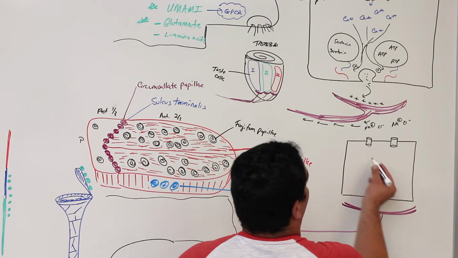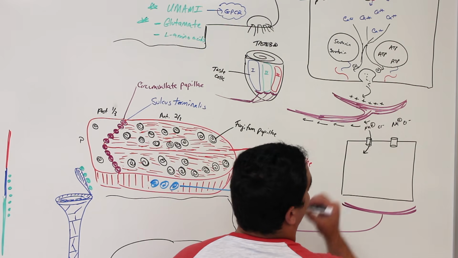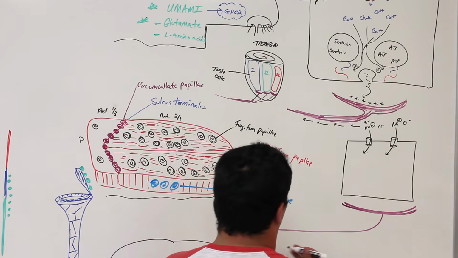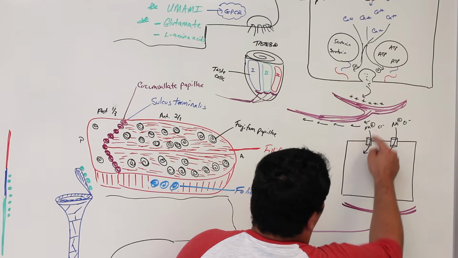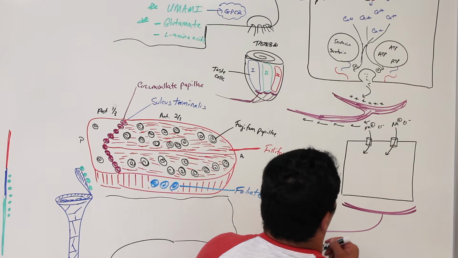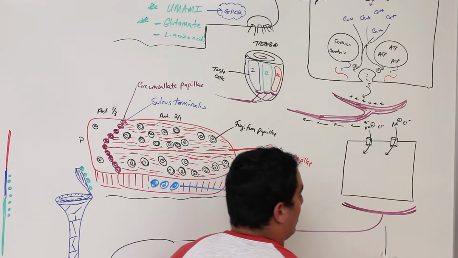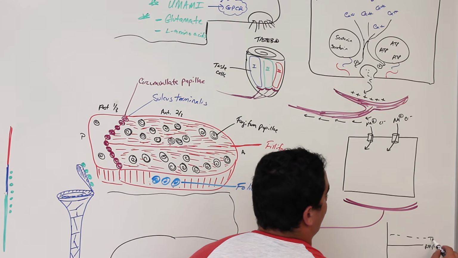Look what happens here. If this channel is normally open, sodium ions can rush into this cell. Normally, you're going to have these sodium ions flowing in and in and in. And then if you remember, based on that diagram that we've had before, I have a graph, and let's say here was resting membrane potential, and here's my threshold potential.